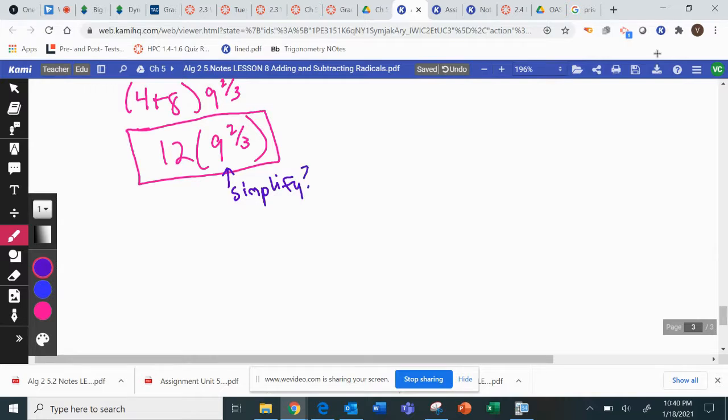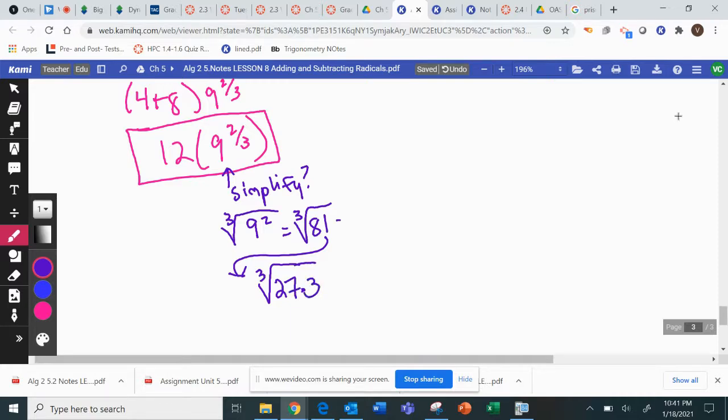So 9 to the 2/3 would be the third root of 9 squared, which is the third root of 81. Now 81 is 27 times 3, or it's 3 to the 4th. We could go either way here.